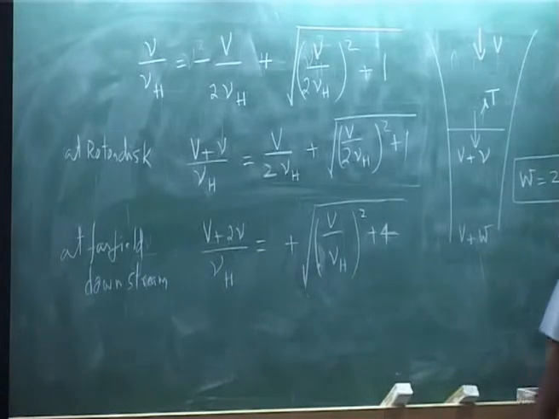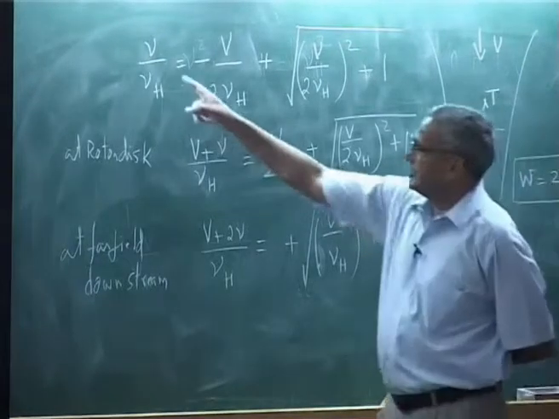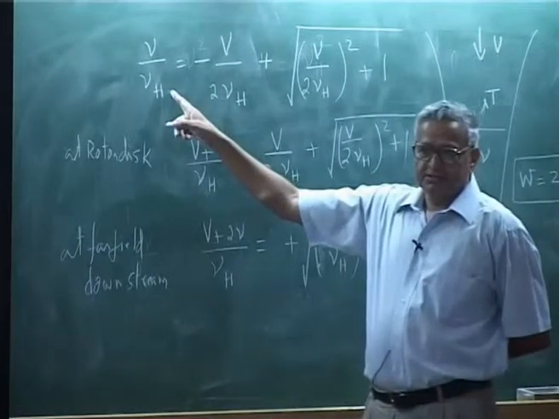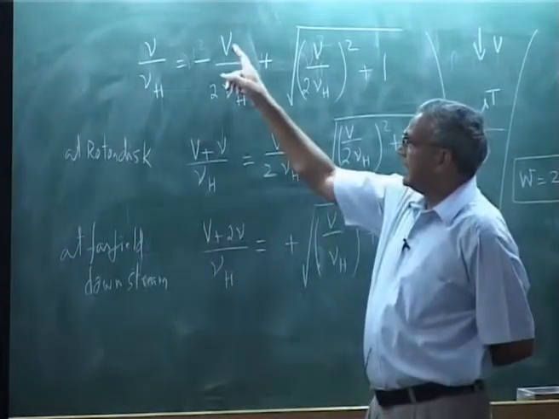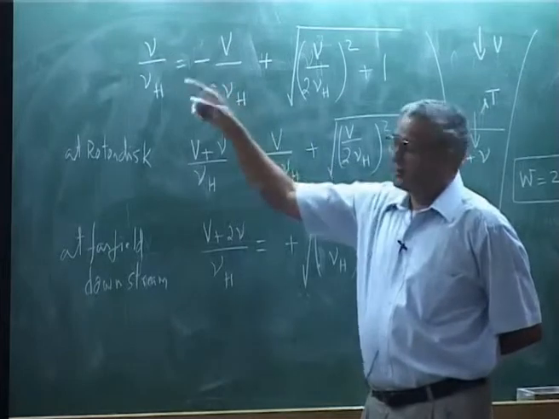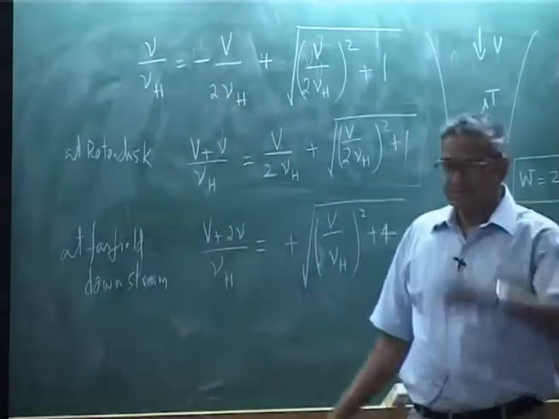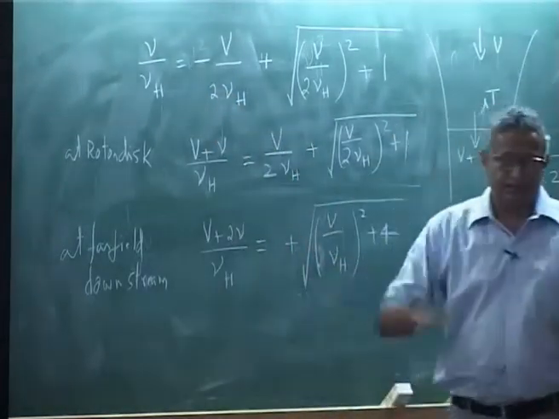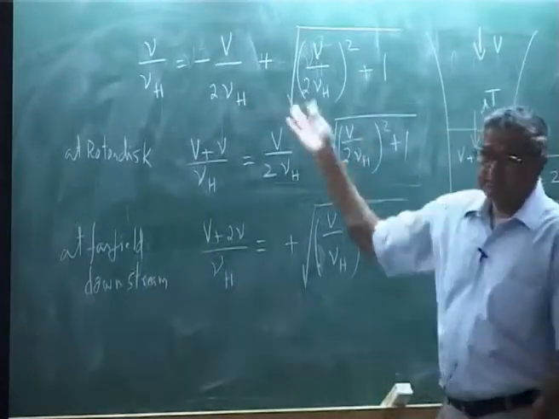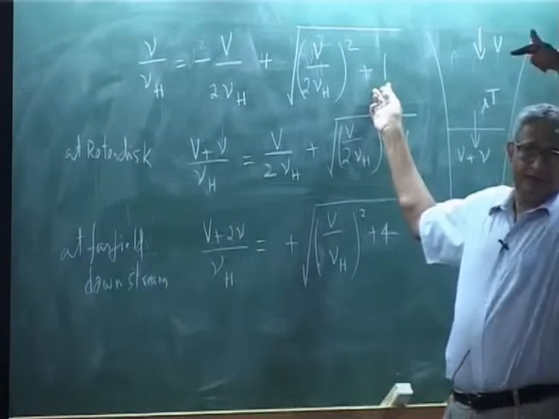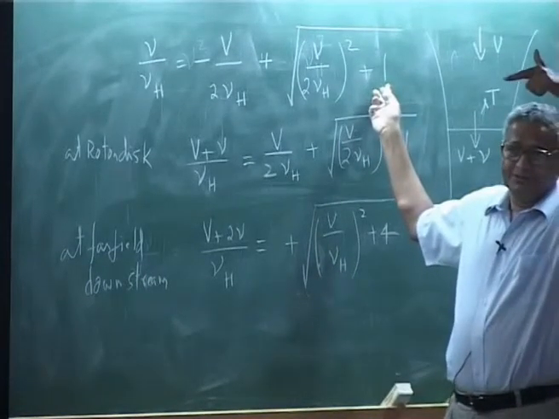Okay. Now, you see, this gives, actually when we plot, you can plot nu over nu H on the y axis and V over nu H on the x axis. When V is 0, you will get, actually value is 1, over inflow.